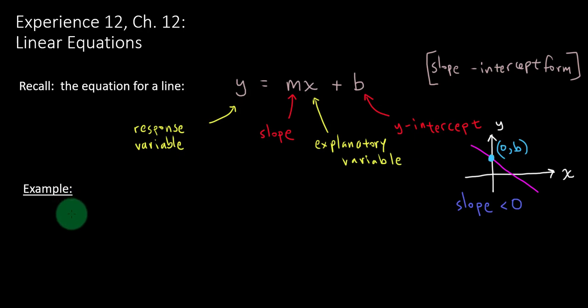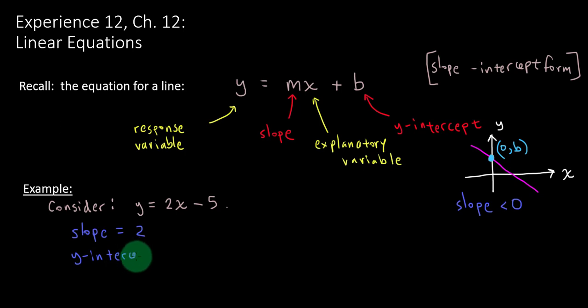Let's look at some other examples of linear equations. Let's consider the equation of the line represented by y equals 2x minus 5. Here, the slope is 2, which is positive, right? So we'll draw that so we can see what that looks like. The y-intercept is not just a 5, but a negative 5.